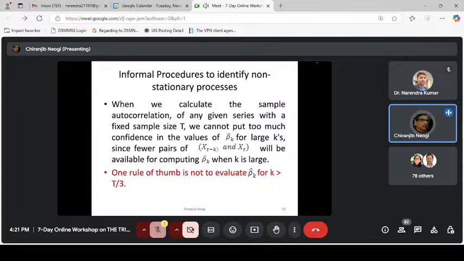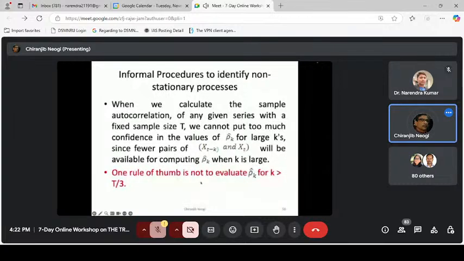Now, how small can I take? I cannot take a very large k for limited time points. I have to find a reasonable amount of k where I can get a good coefficient of correlation.